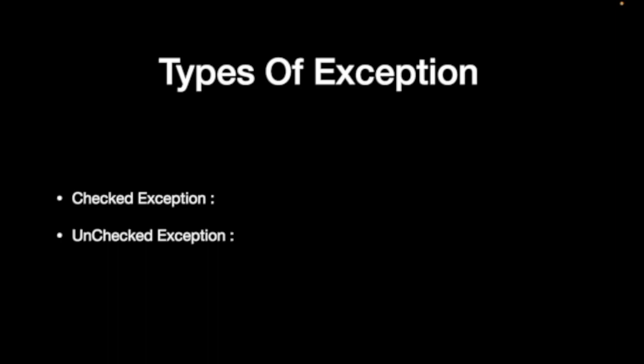But if you have an unchecked exception, then even if you are not handling that exception, there will not be any compile time error, because unchecked exceptions are always checked at runtime. At compile time, the compiler will not check for the unchecked exception. Only for the checked exception will it check at compile time.